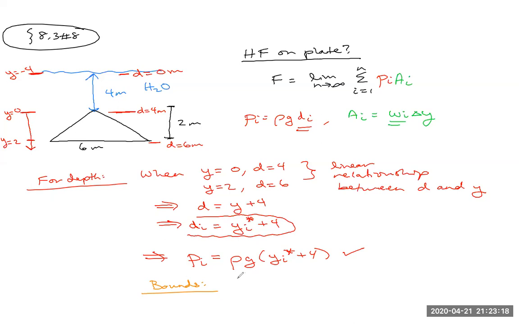Where's the bottom of the triangle in terms of submersion? Well, we're using y, not d here, when we plug into the integral later, right? So we're going to want to use 0 to 2 with y_i star in between. Okay, I'm going to take a picture, save that, and then I am going to clear this and we're going to look for w_i.